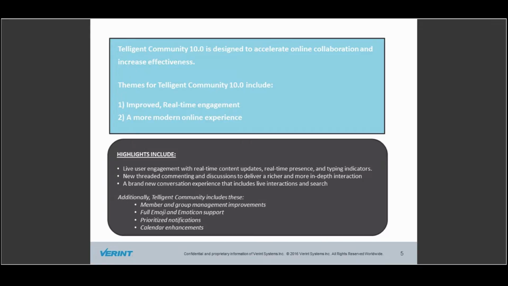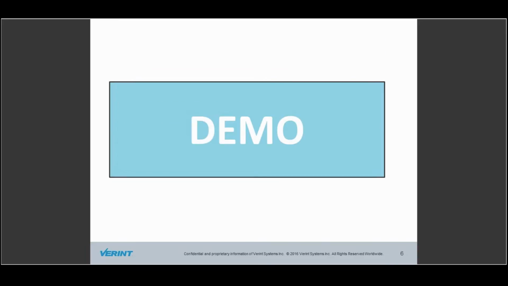Also, highlights include new threaded commenting and discussions to deliver a richer and more in-depth interaction, and a brand new conversation experience that includes live interactions and search. All of these Kevin will go into in detail. Additionally, Telligent Community 10.0 includes member and group management improvements, full Emoji support, prioritized notifications, and calendar enhancements. I'm going to now pass it on to Kevin so he can give you a demo.